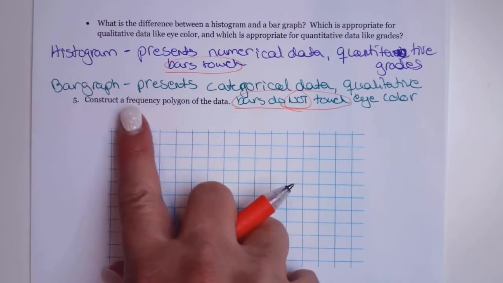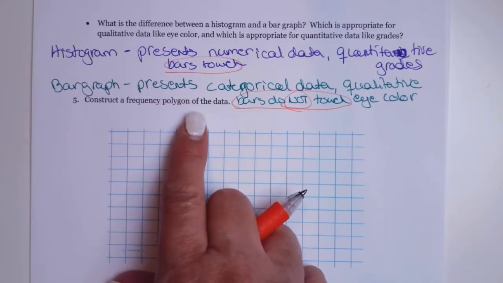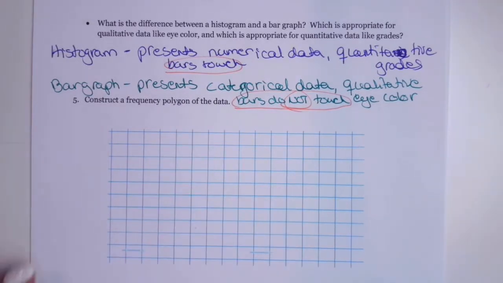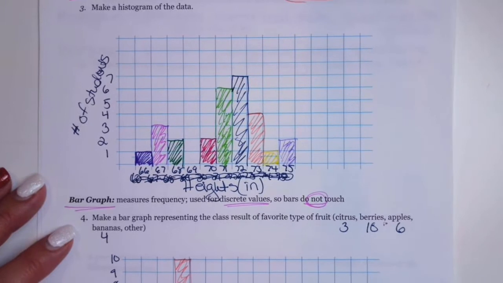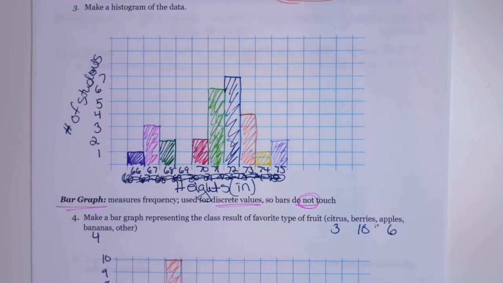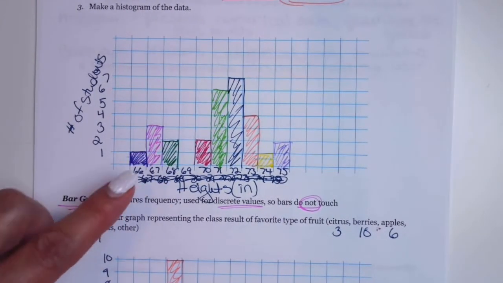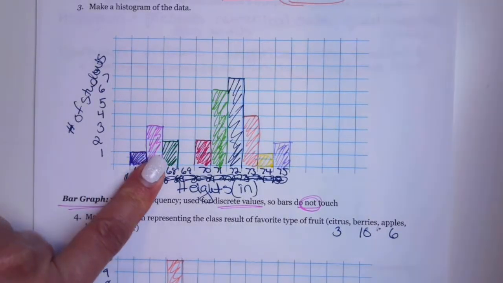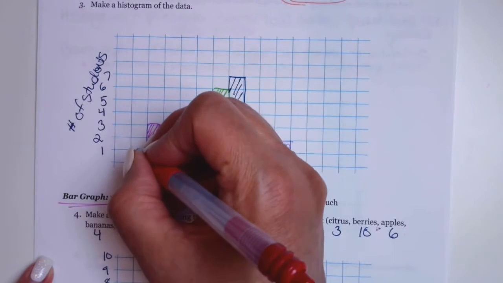Okay, for this frequency polygon of data, we're actually going to use the histogram that we drew instead of drawing another one. So we're going to use this data here. And what a frequency polygon of the data means is that it is a line drawn through the midpoints.